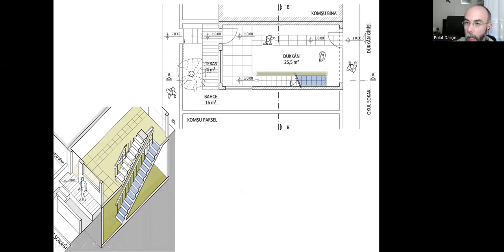Now I have two lines, two parallel thick inclined lines to symbolize that there are two flights, white steps and blue steps, two parallel lines. At the beginning, it was just this.